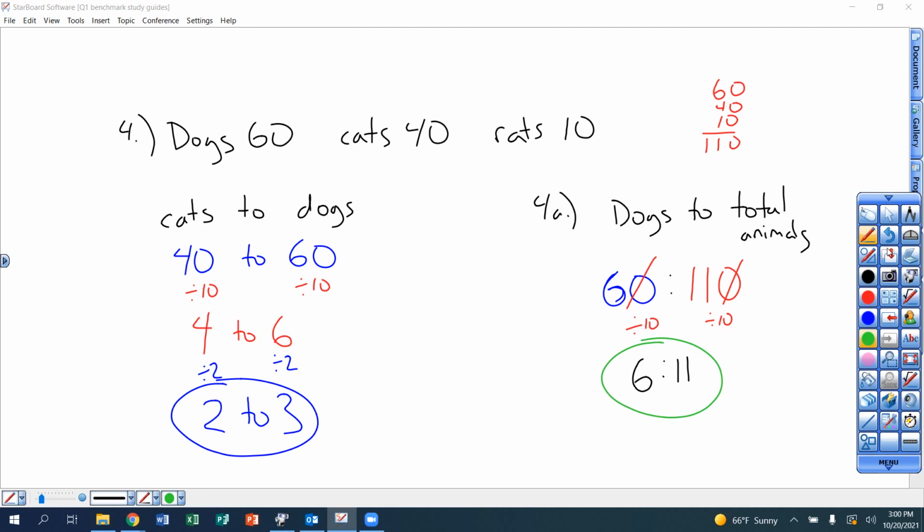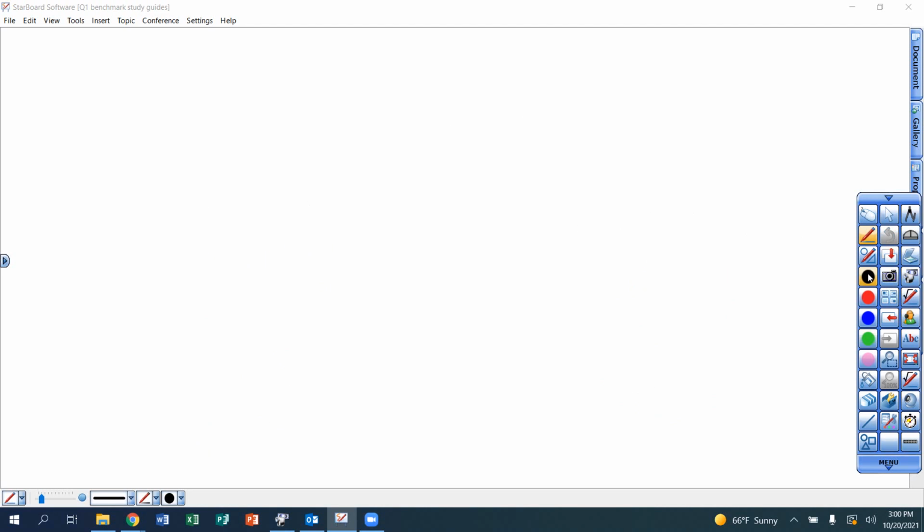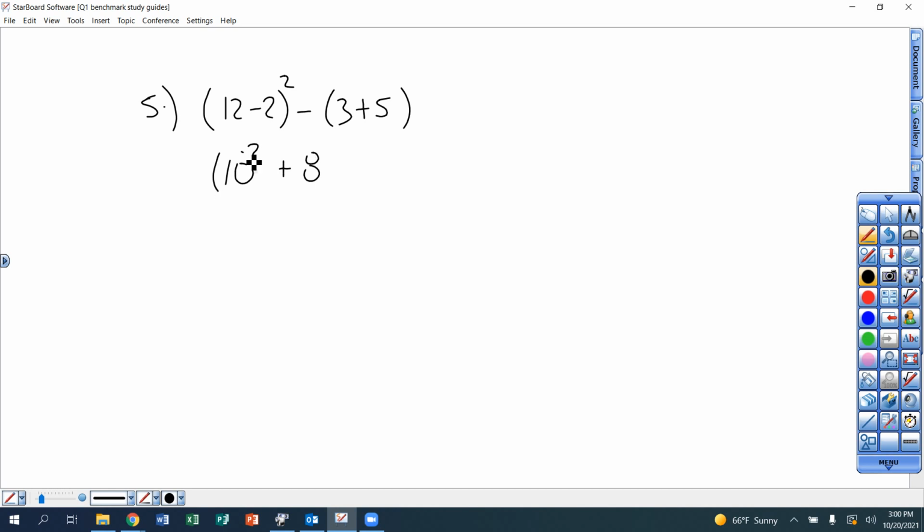All right, problem number 5. Fifth one, order of operations. So that gives me 10 to the second power plus 8. 10 squared is 10 times 10.